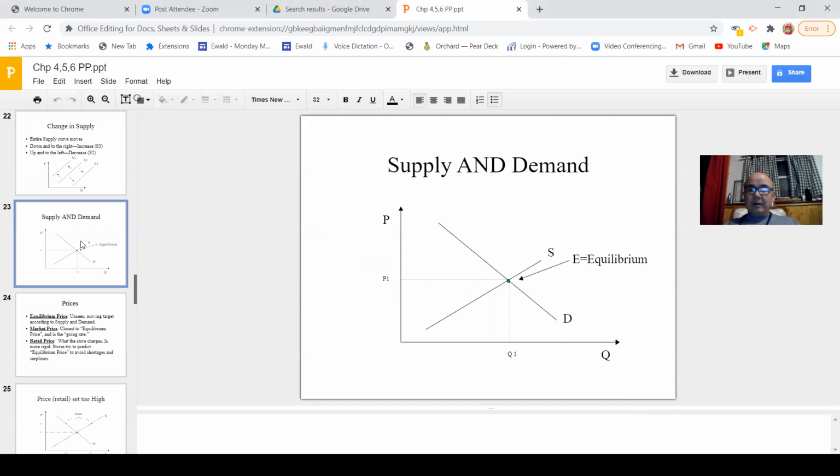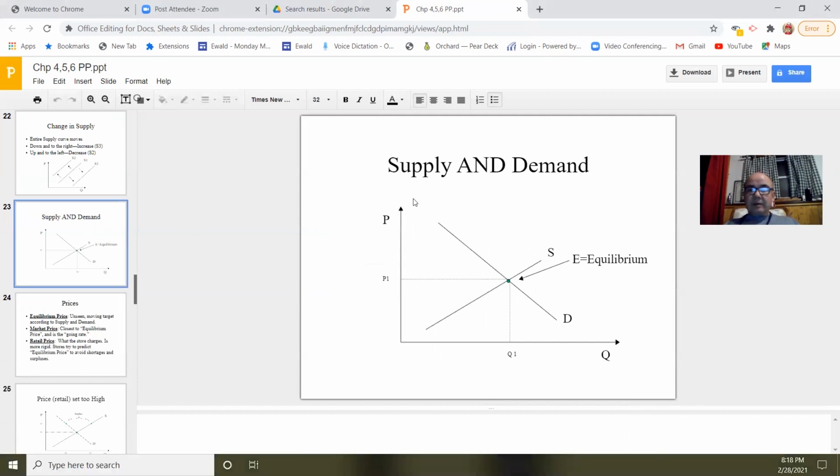Just to reiterate, our P price axis always is our vertical axis. Q quantity, our horizontal axis. And for price, a decrease in price is going to always be downward to this point right here, which is 0. An increase in price is when the price goes upward.